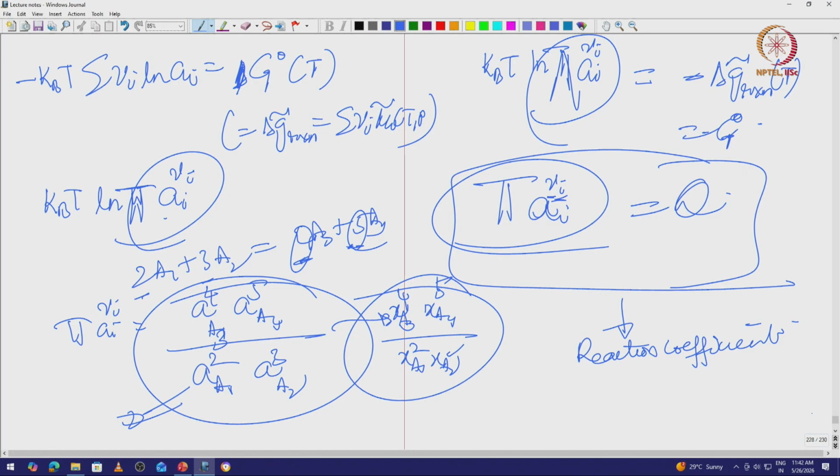So let us develop this language in terms of Q's and K's, with Q being the reaction coefficient, and it is a competition between the reaction coefficient and where it stands with respect to the equilibrium constant, okay.